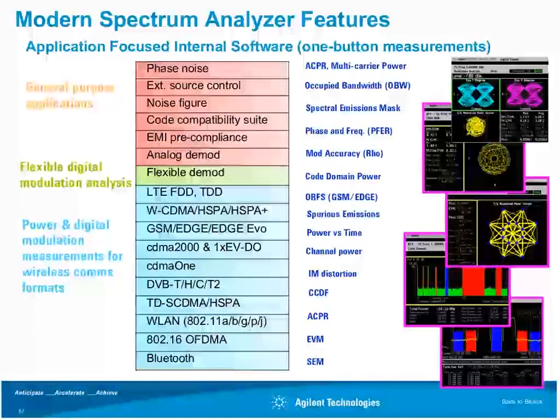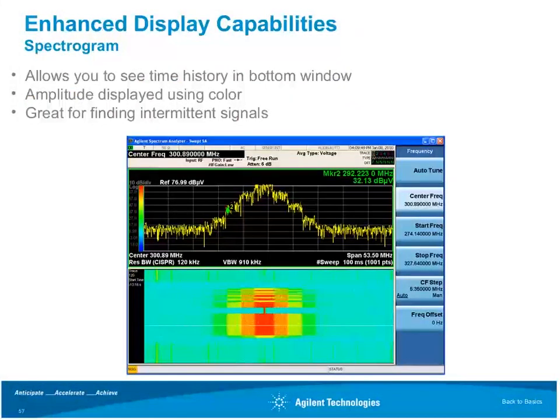Some other nice display capabilities that are available now are things like Spectrogram. So up here at the top we have our traditional spectrum display, but imagine if we flip this 90 degrees so it's poking out of the display, and so we would show here on the bottom display the x-axis is frequency, the y-axis is time, and so we show how that signal varies with time, and we use color to indicate amplitude.